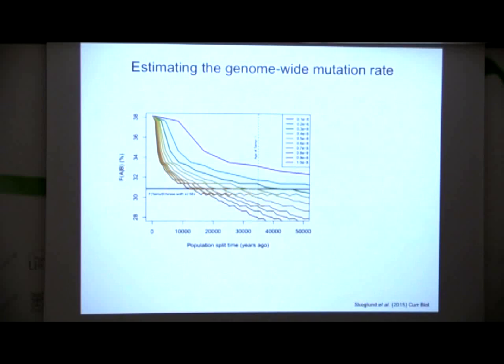This is what the results look like. All these different colored lines are the different simulations. Here's the FAB statistic. This is the population split time between the Taimyr wolf and the Chinese wolf. And our estimated FAB statistic, the summary statistic, is here. And then we also know the radiocarbon age of the Taimyr specimen.